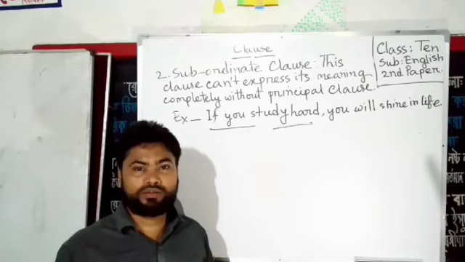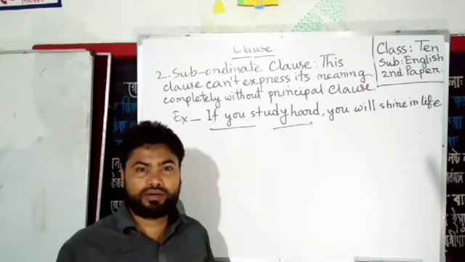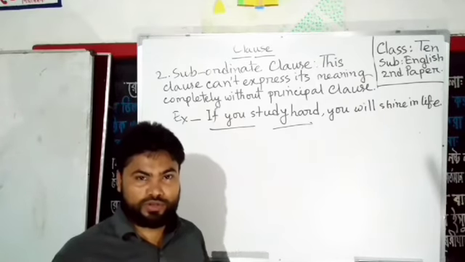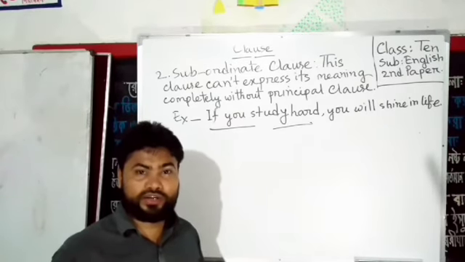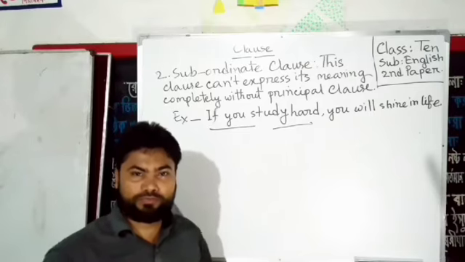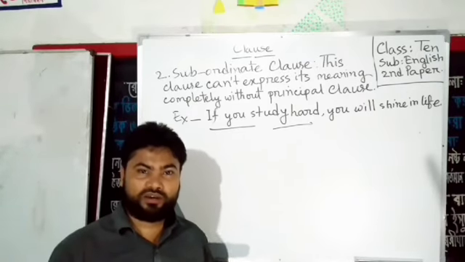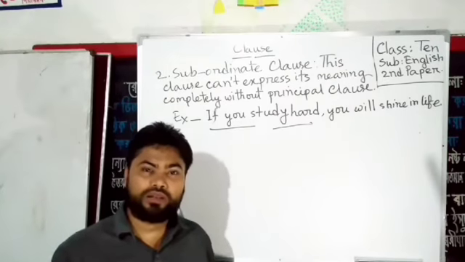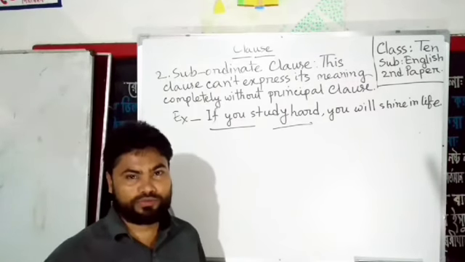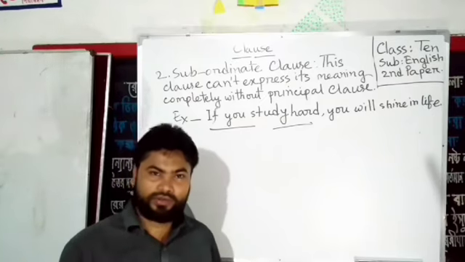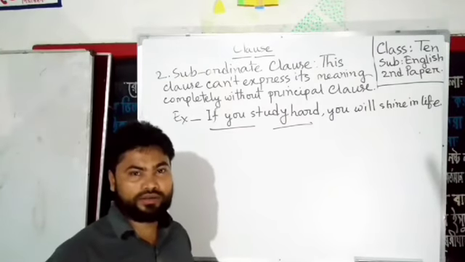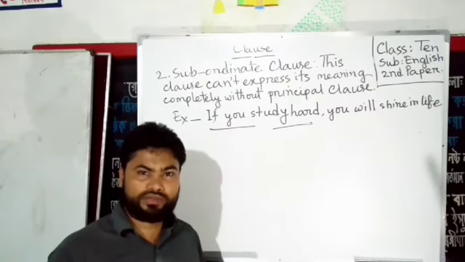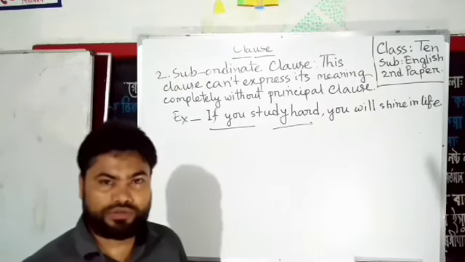Otherwise, it will remain closed in meaning. So, to disclose its meaning, you must say or write the main part, the principal clause. Now, dear student, I think you have understood what is a subordinate clause.